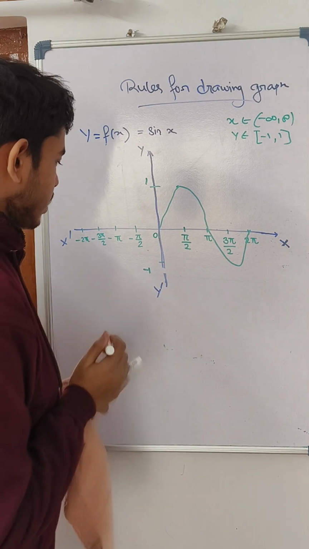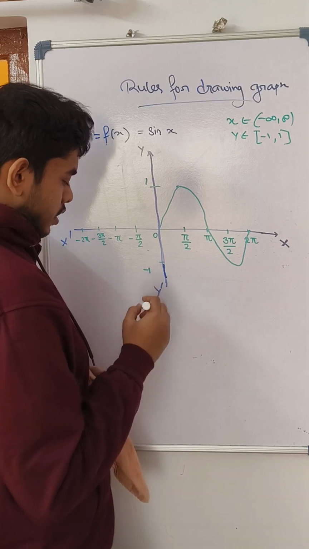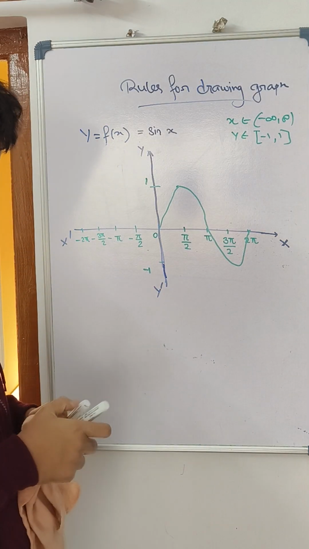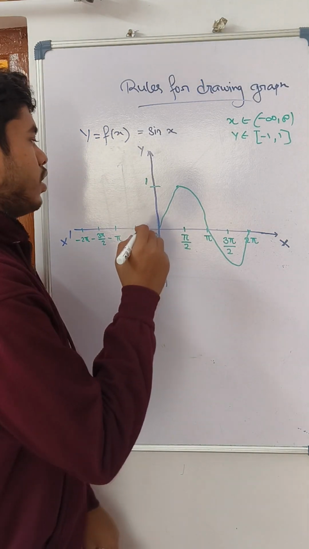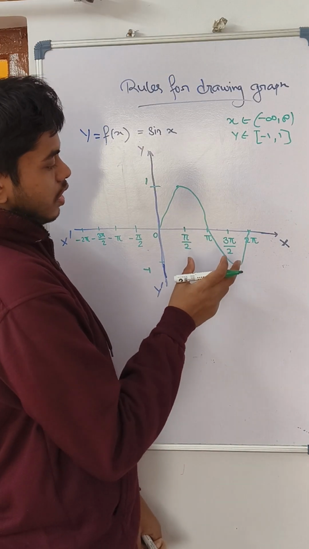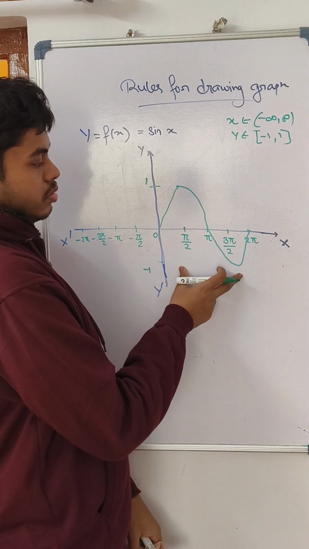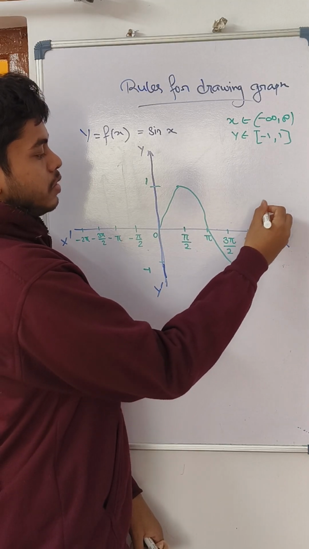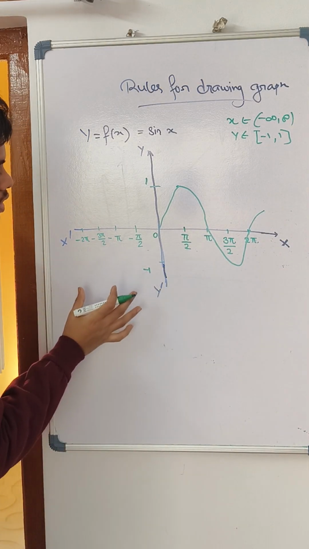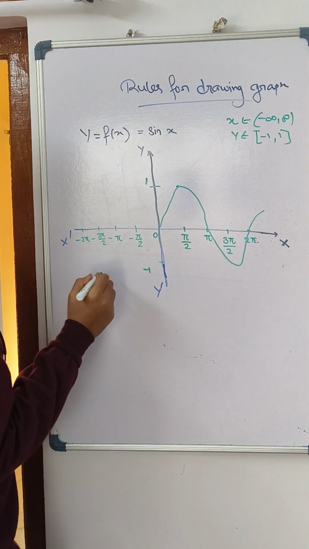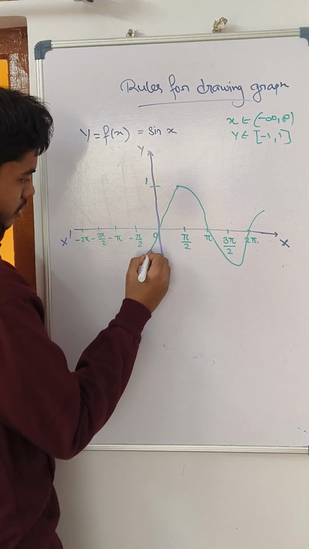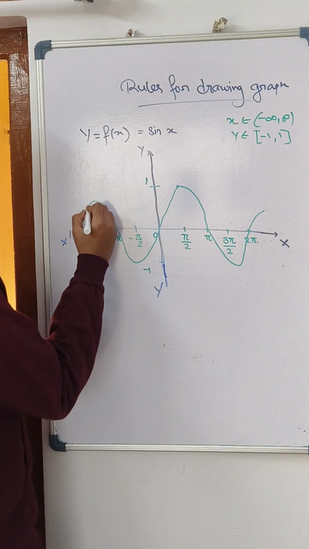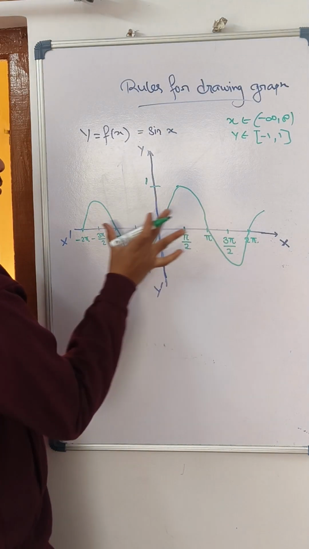So do one thing, make a grid like this. So see, the repetitive part should repeat. So this point has come here, it should again repeat like this. So you plot the same graph over here. Okay, this is repetitive.